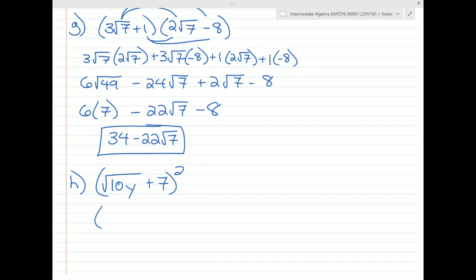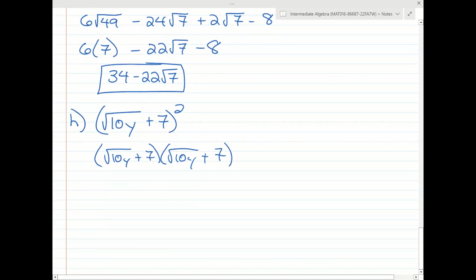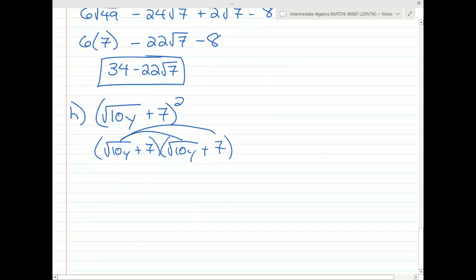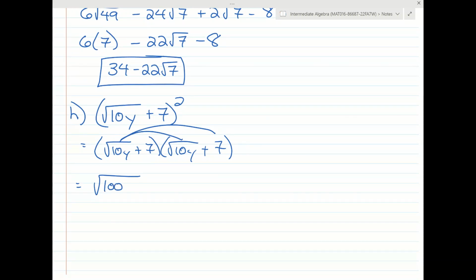Just like before, we're going to write this out twice, and then we just distribute. So it should be the square root of 100y squared plus 7 root 10y plus 7 root 10y plus 49.